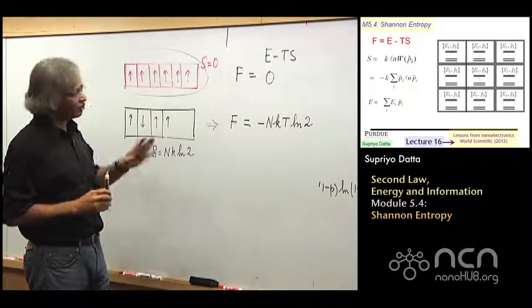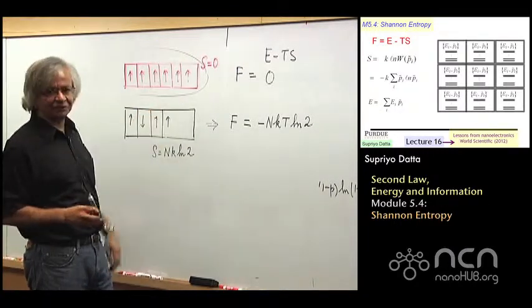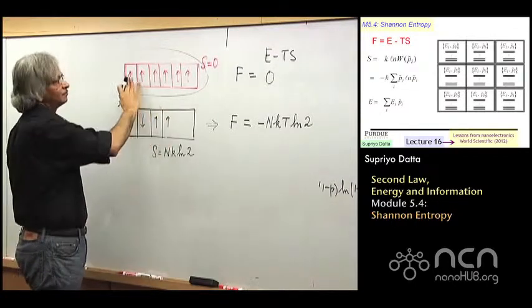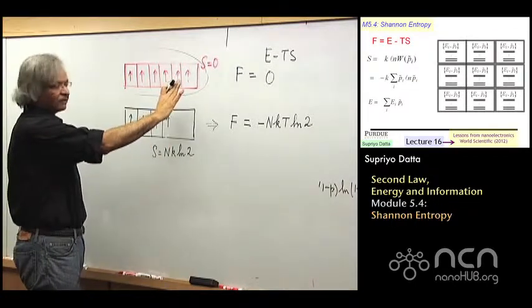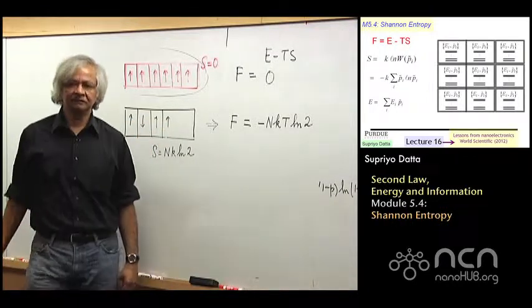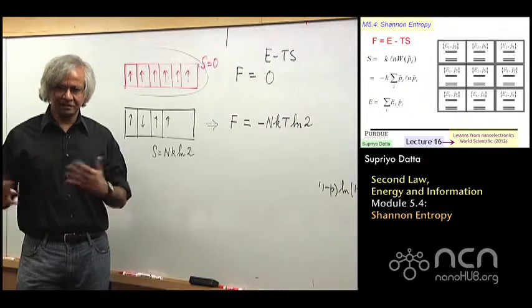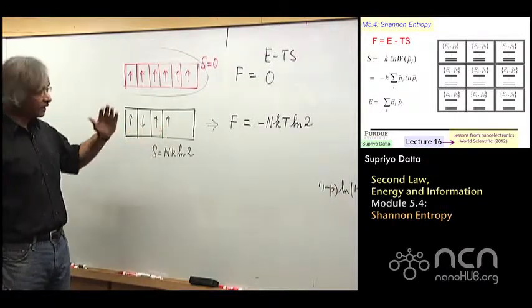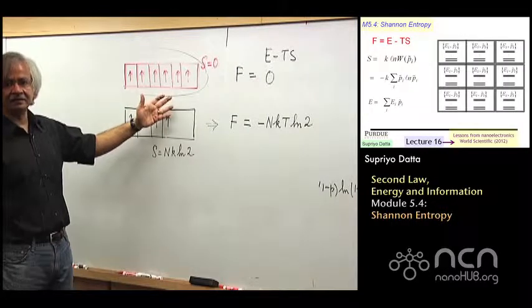That doesn't seem too unusual. What is special about this one is energy hasn't changed, because a bunch of spins all pointing in the same direction and a bunch of spins pointing randomly all have the same energy, as long as there are no interactions among the spins. So it's all the same. Energy hasn't changed, but the entropy has.